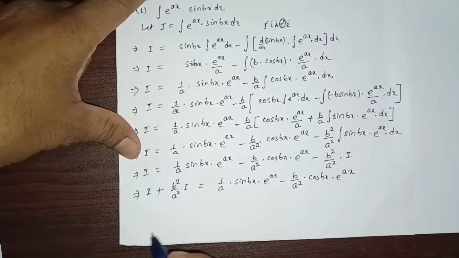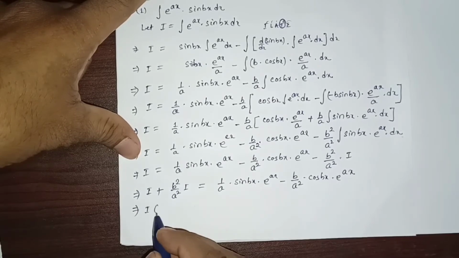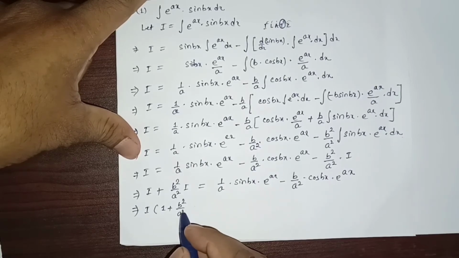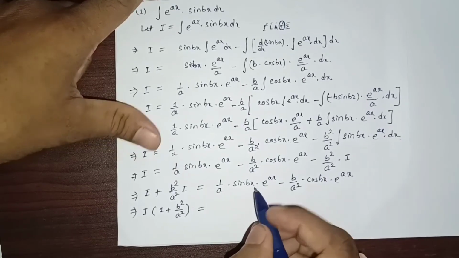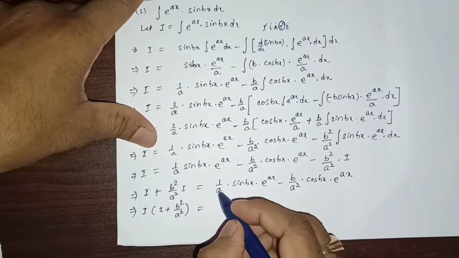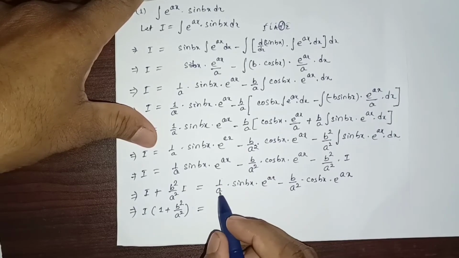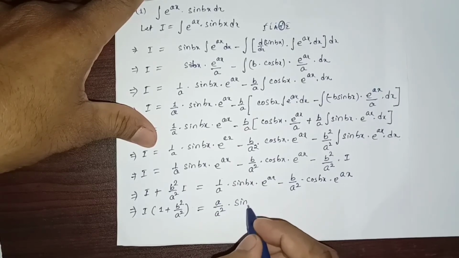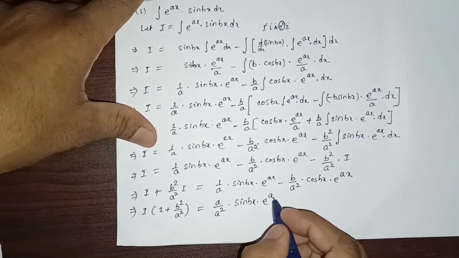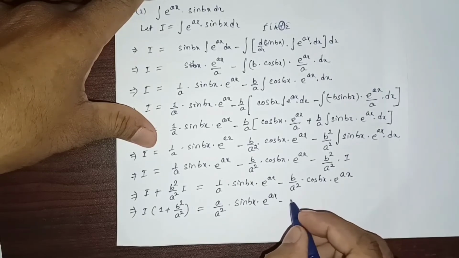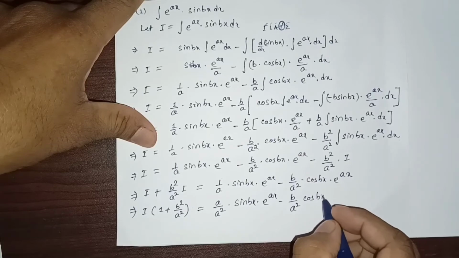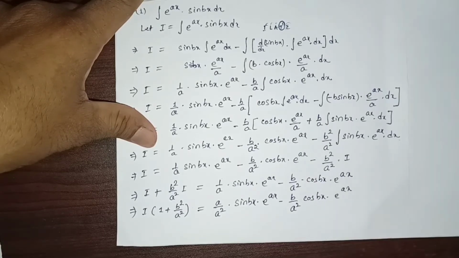Okay, so you just take I common, so it will be 1 plus b square by a square. Here I multiplied a on the numerator and divided by a, so it will be a by a square into sin bx into e to the power ax, and here it is b by a square cos bx into e to the power ax.